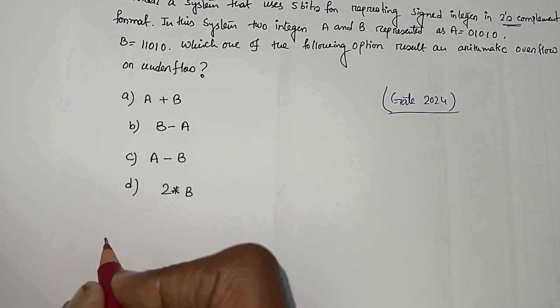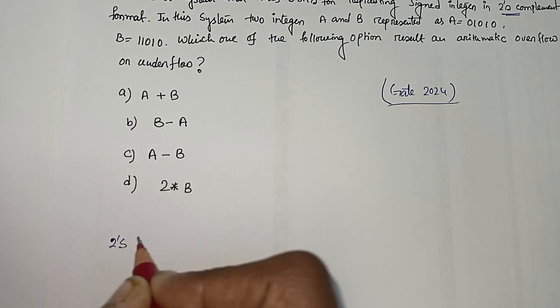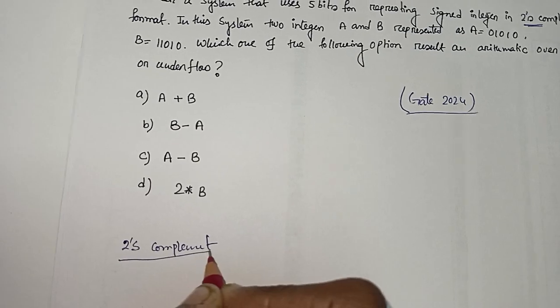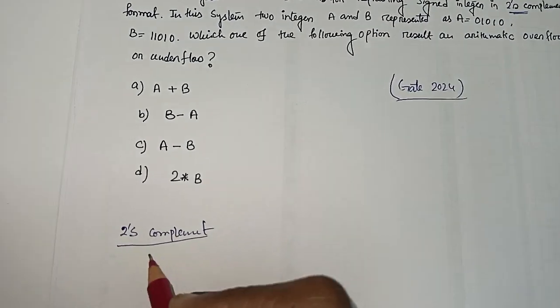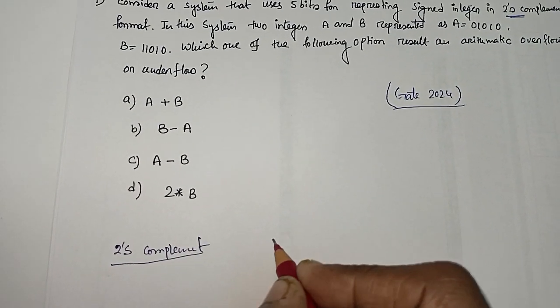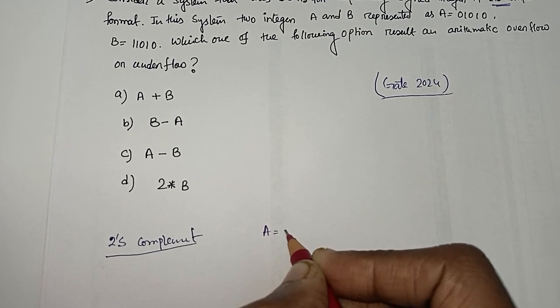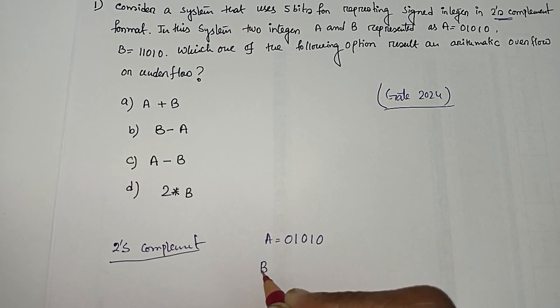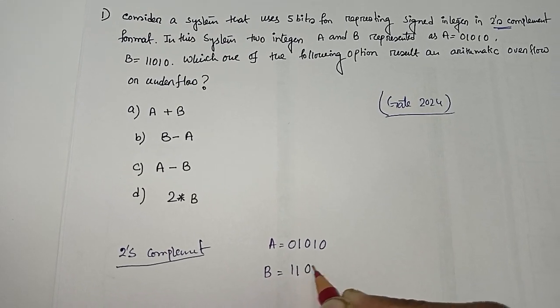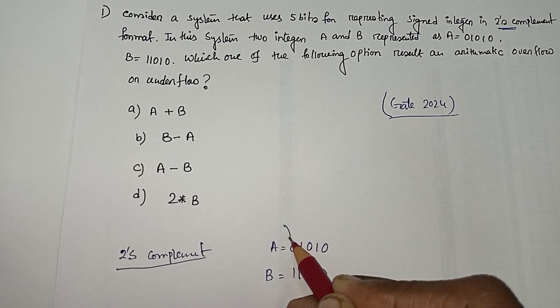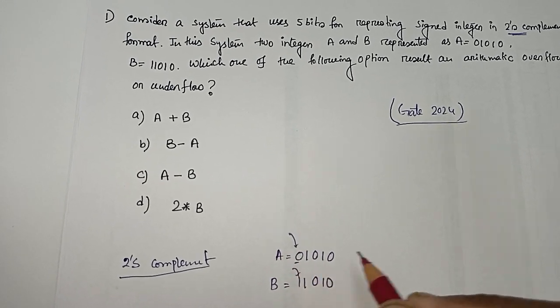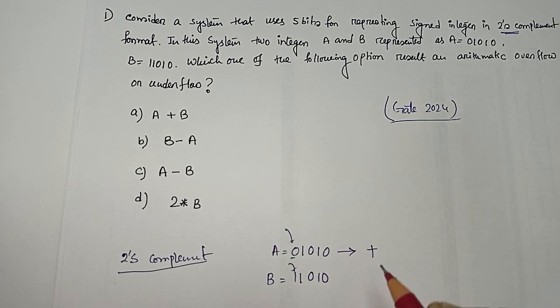For this type of question, this is known as signed two's complement format. So a is equal to 01010 and b is equal to 11010. Checking the first bit: if the first bit is 0, it represents a positive number.